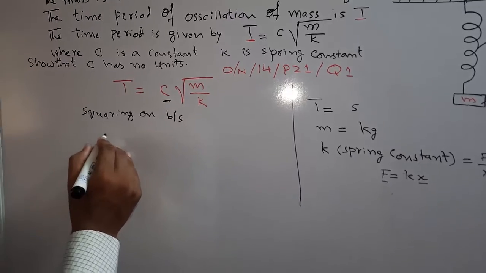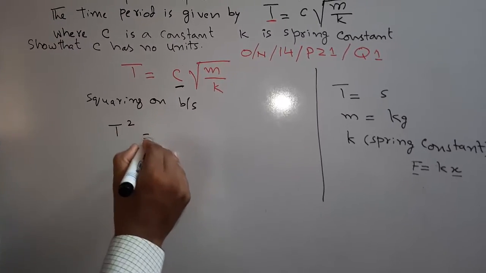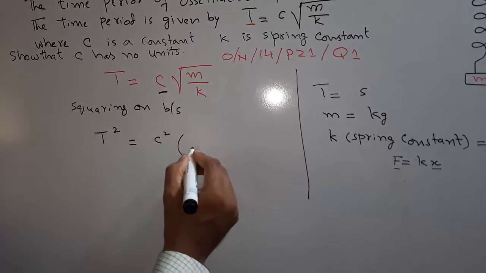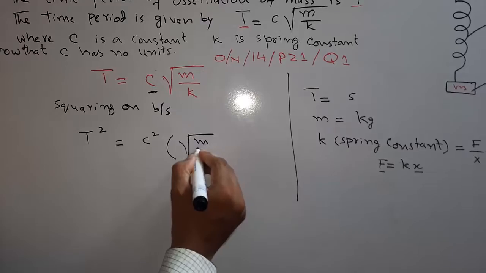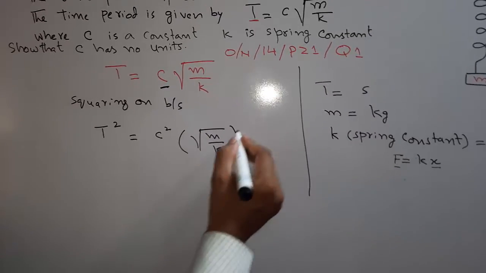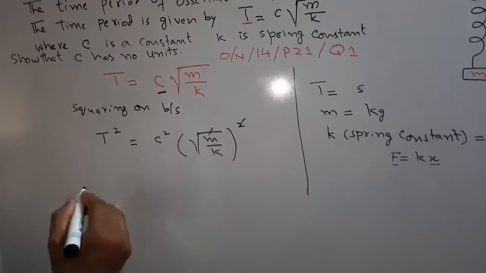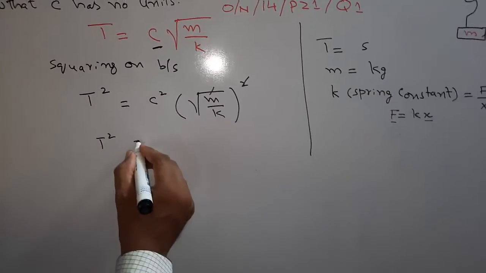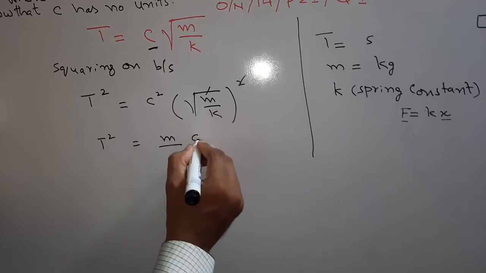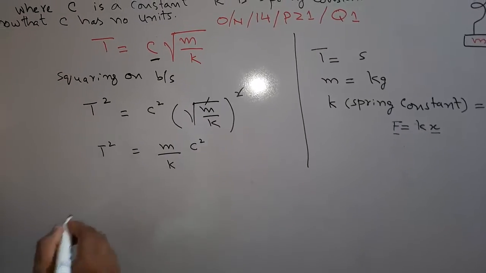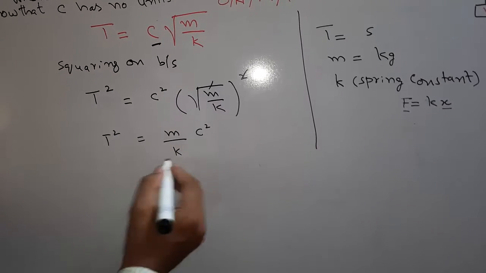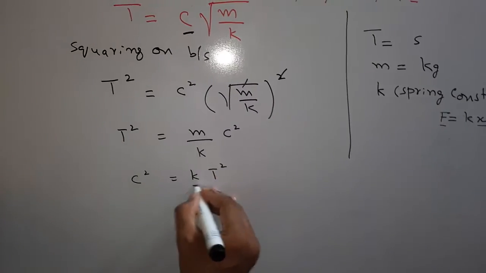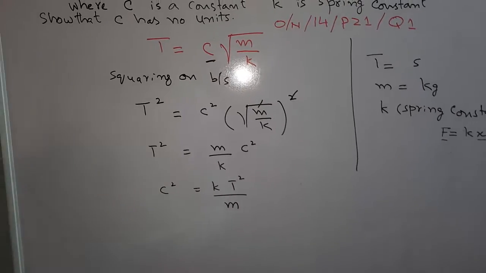So T becomes T square, C becomes C square, and the square root over K cancels out with the square sign. So T square is M times C square over K, and shifting C square separately, C square will be K times T square over M. Replace it.